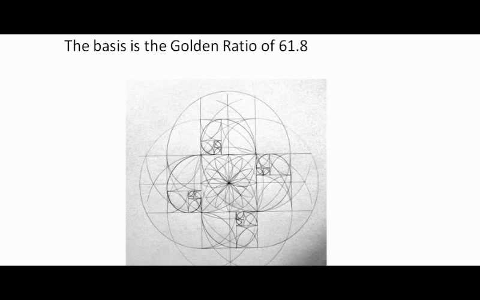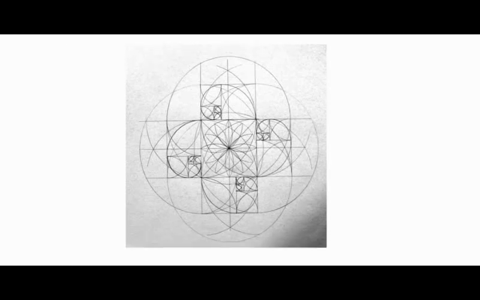This is 61.8, and this pattern, this design, it's showing how it actually forms, like flowers within flowers or galaxies and stuff like that. This is the golden ratio, and this is the spiral of price, the cycle of time.